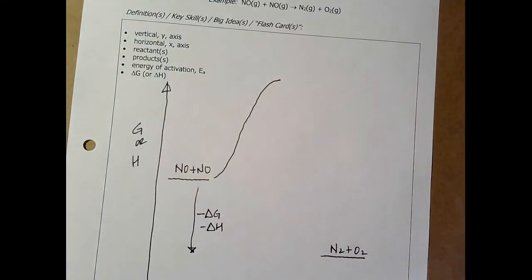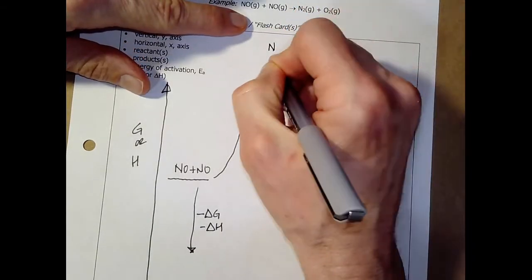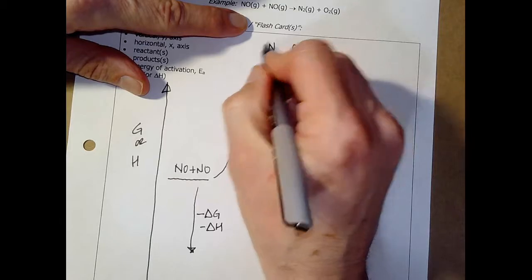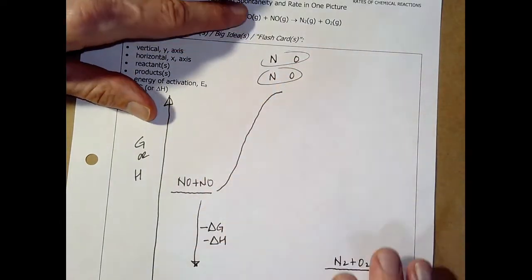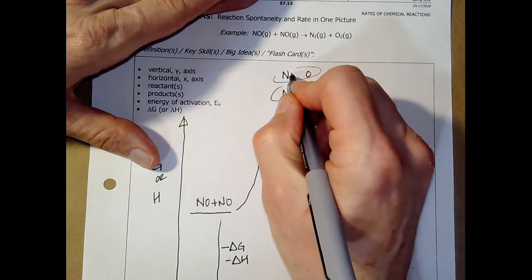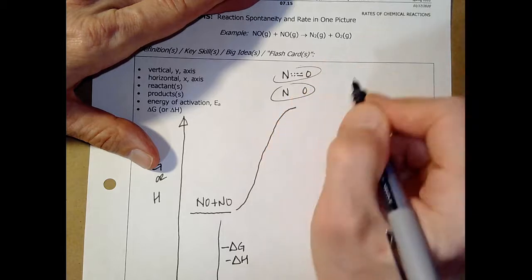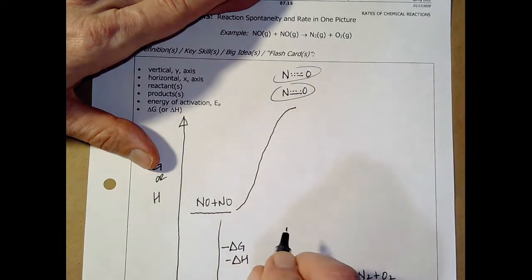And at that point, what I would see is I've got nitrogen, oxygen, nitrogen, oxygen. There's that molecule and that molecule. And there's some kind of double bond in there. And what's happening is that double bond is starting to break, and that double bond is starting to break.